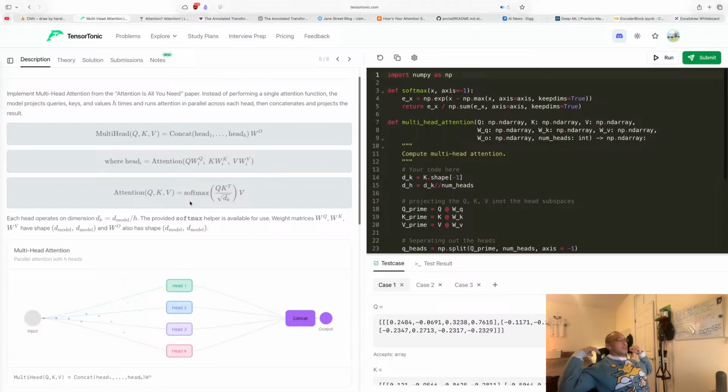So does this mean... so this means that they already have to calculate Q. That's okay.